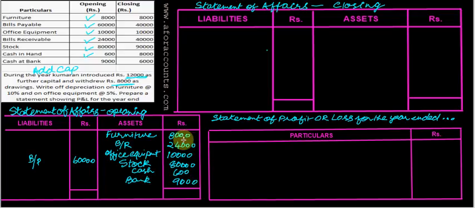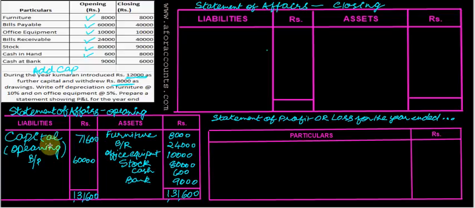Then I have stock of 80,000. Then bills receivable is there, office equipment is there, and furniture is there. The total comes to 131,600. Here also it should be 131,600. Both the sides should be equal. So the balancing figure will be my opening capital, and that comes to 71,600.